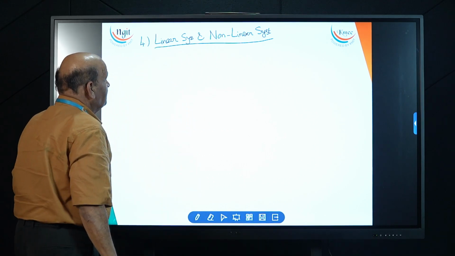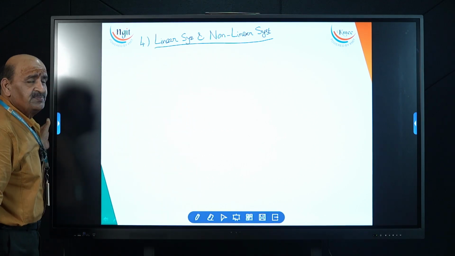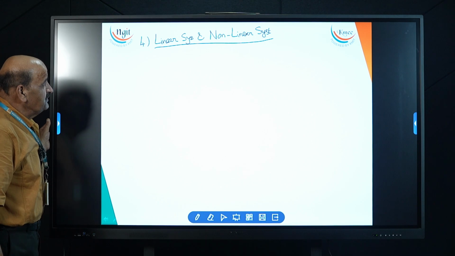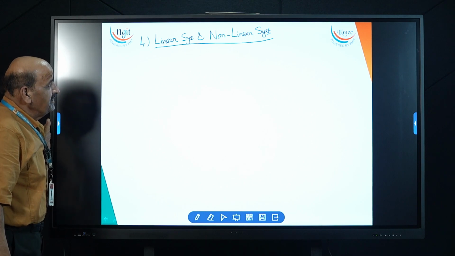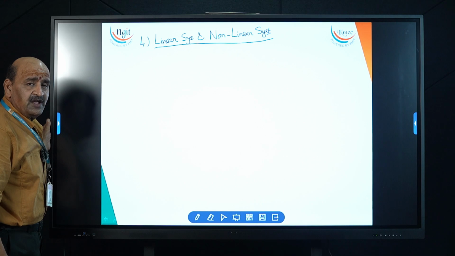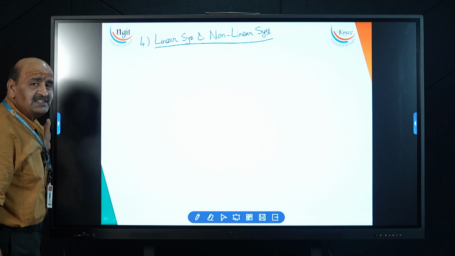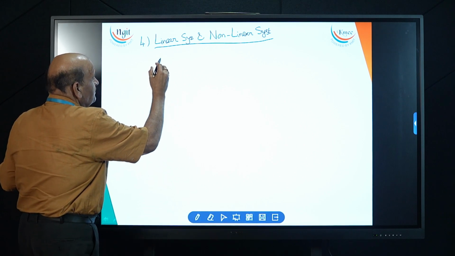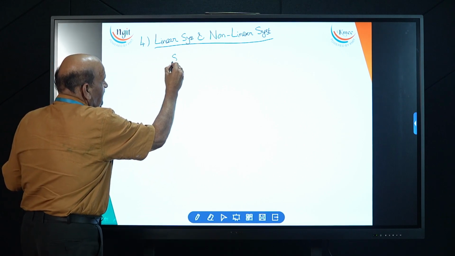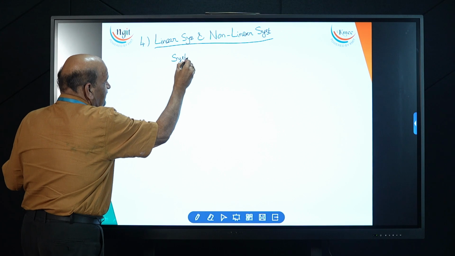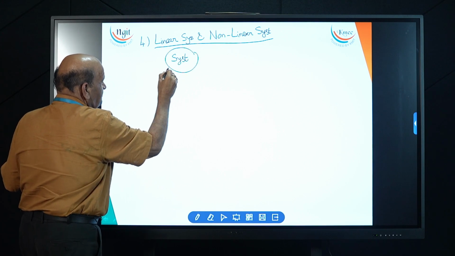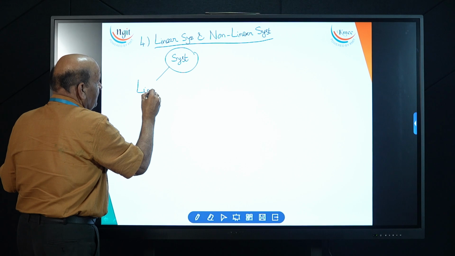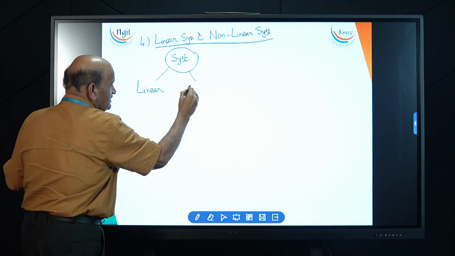In this kind of system, one important word is called linearity. So now we have to make the classification of the systems. It can be linear and it can be non-linear.